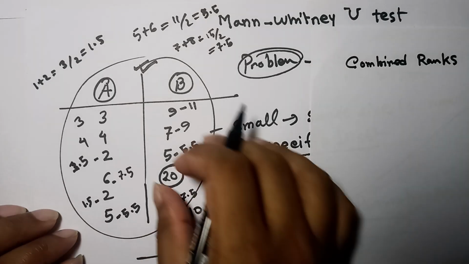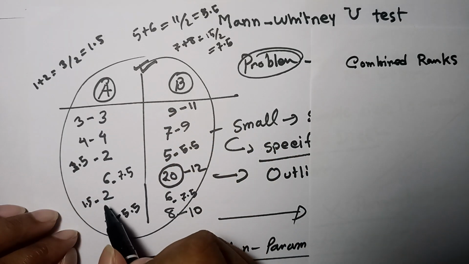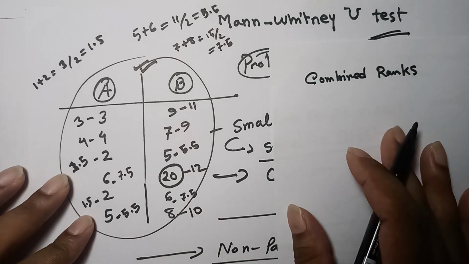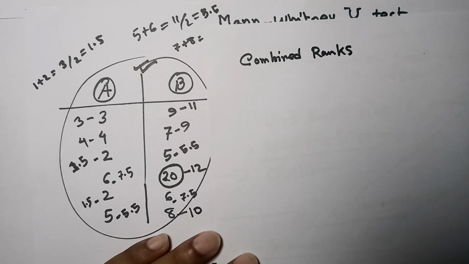So we finished the overall ranking. This is actually our combined ranking, and now we have to calculate the U statistic.